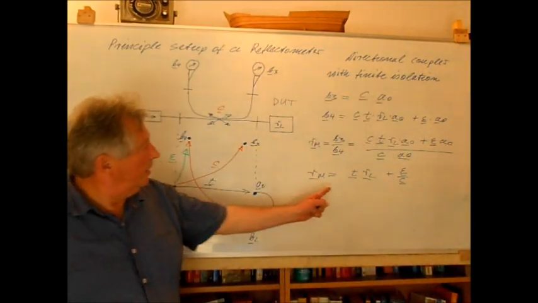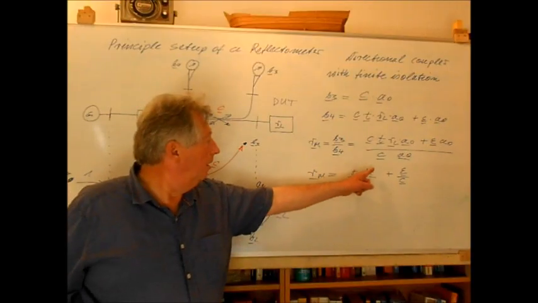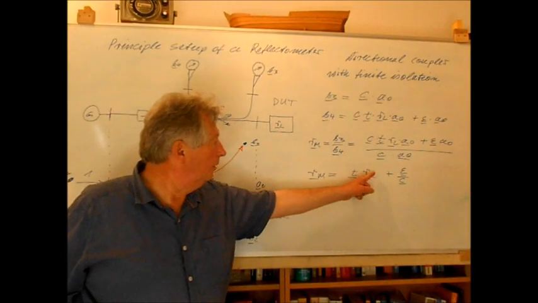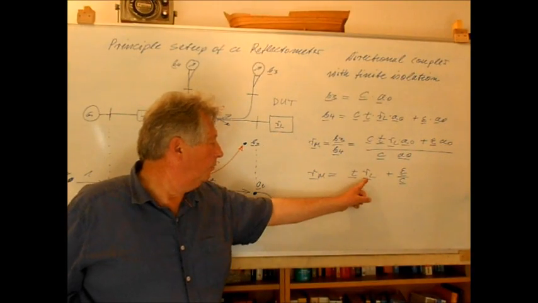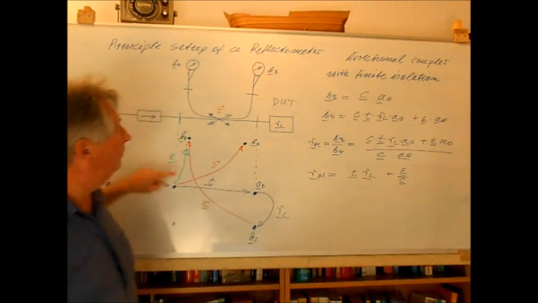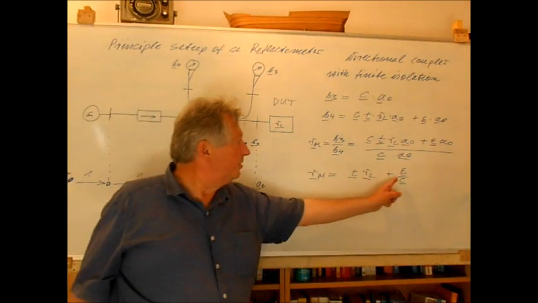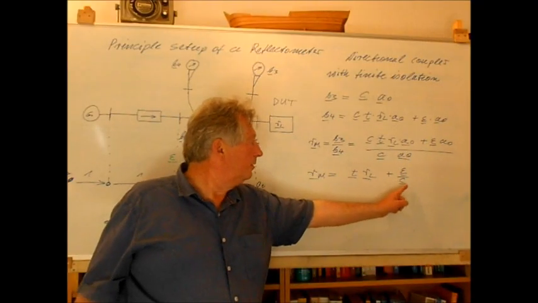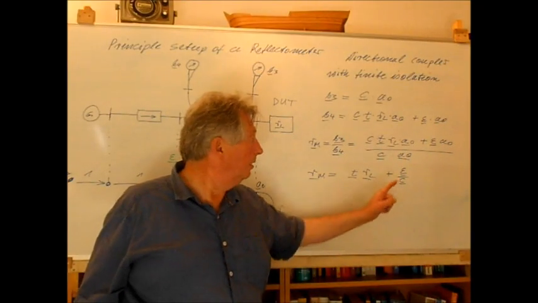So you see, especially for a low reflection coefficient of the load, if this is, for example, 0, then due to the finite isolation we will still measure a certain reflection coefficient here.